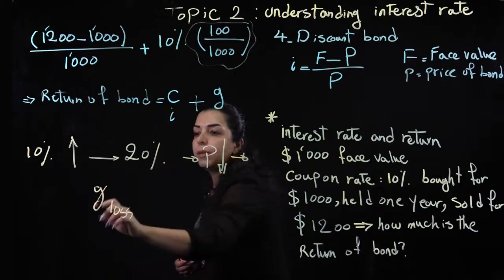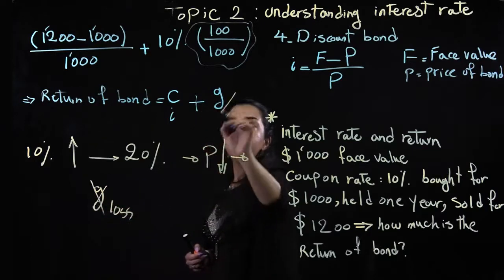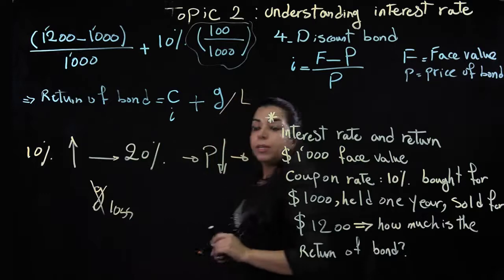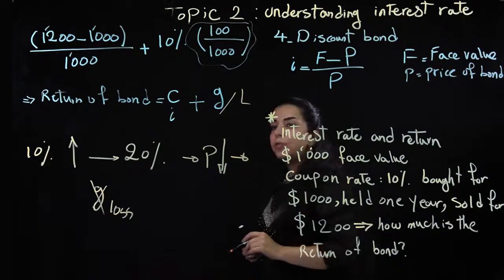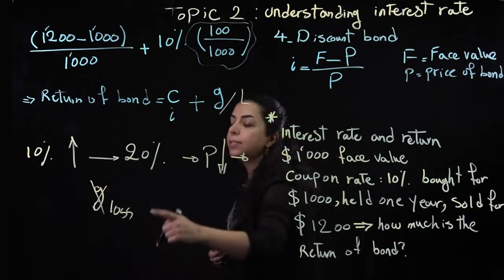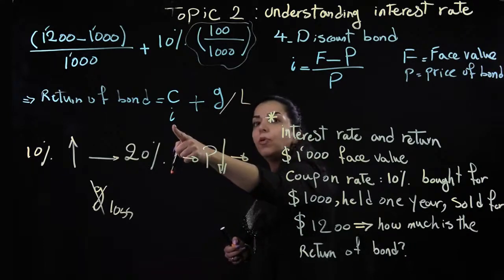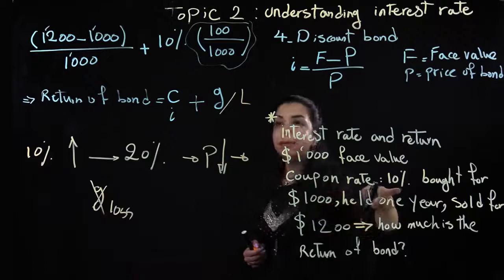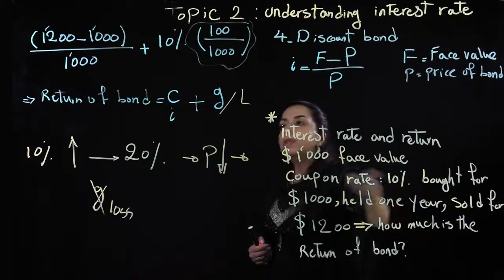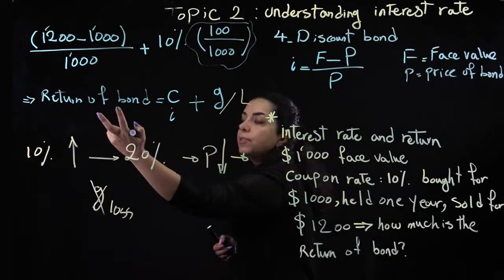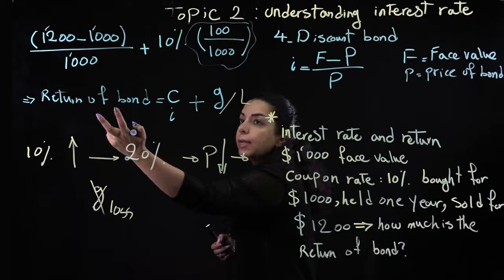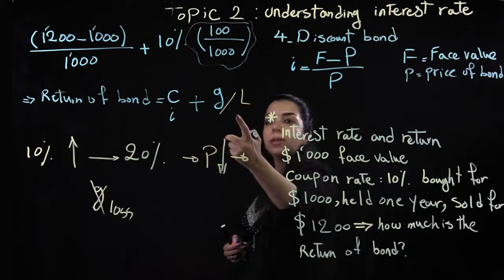It's not gain anymore. Instead of G, we can have loss or gain. So in this situation, it depends on how much this loss is. Because the interest rate of the bond, which is the coupon, is always fixed, this 10%. So if we want to know whether at the end the rate of return of the bond is positive or negative, it depends on how much the loss is.